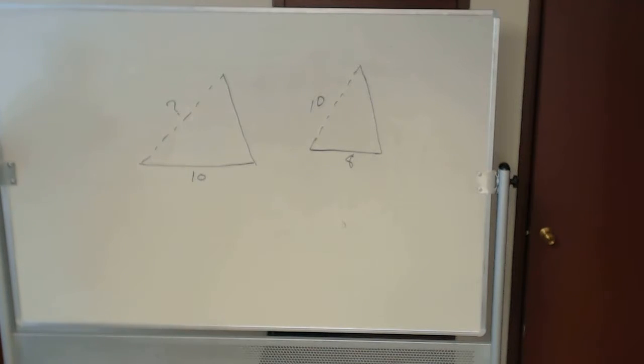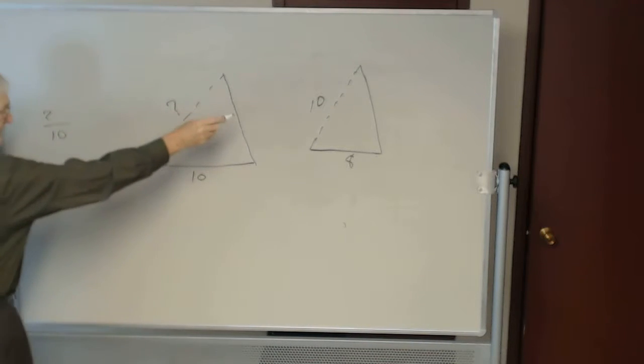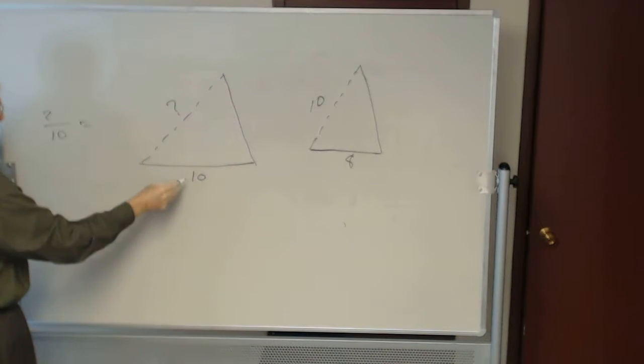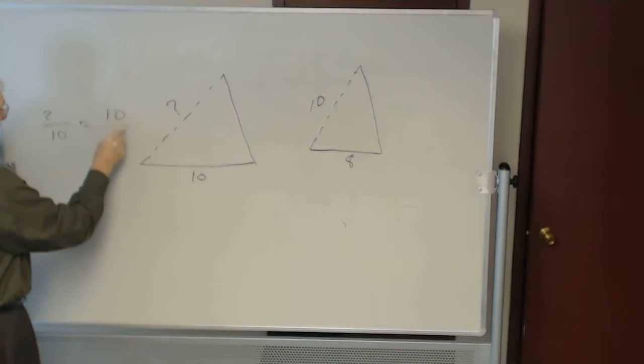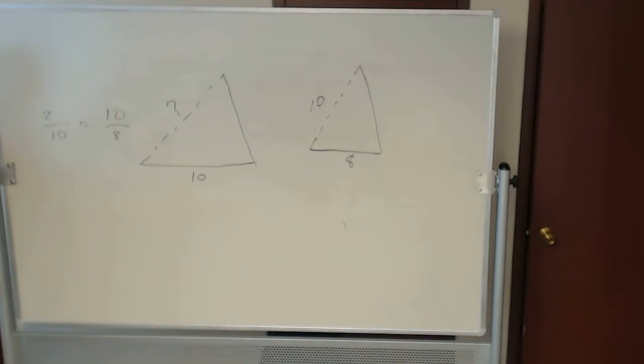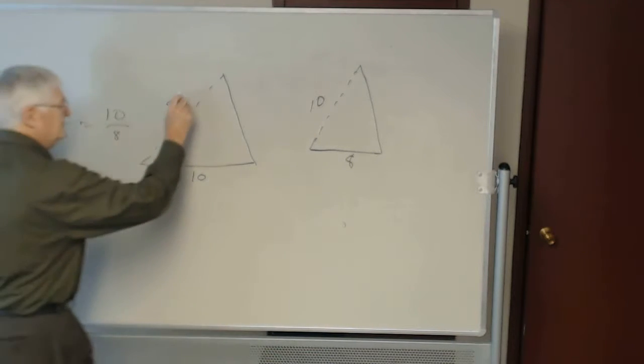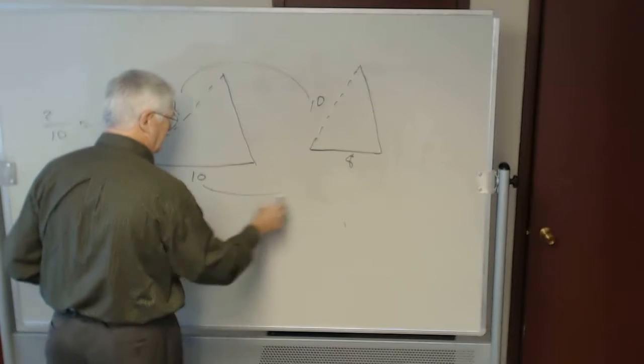So, what would I do? Question mark over 10, that 10 over there, would equal 10 over 8. You follow that? This over this would equal this over this.